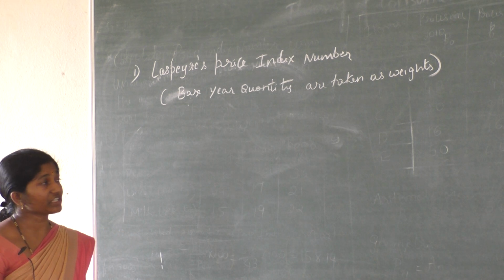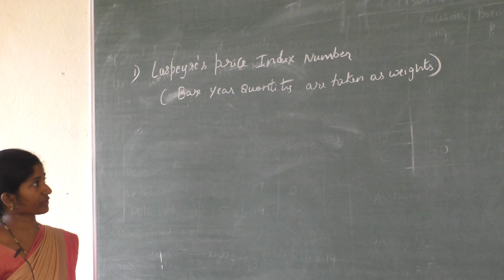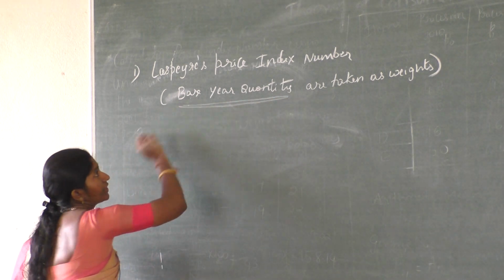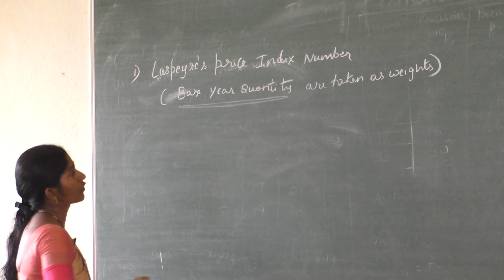Base year quantity is taken as the weight. Weightage is always given to the base year quantity. Note this one, base year quantity.